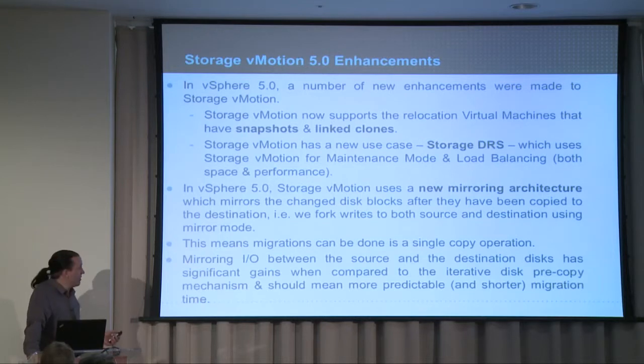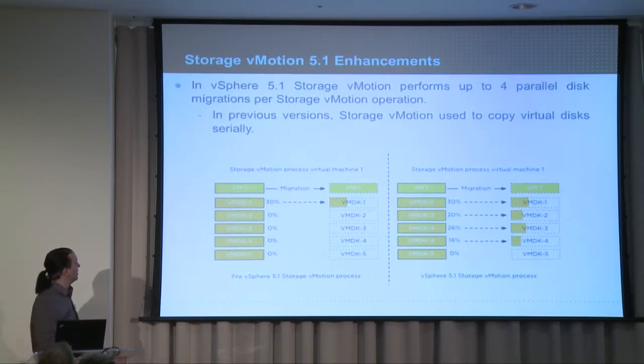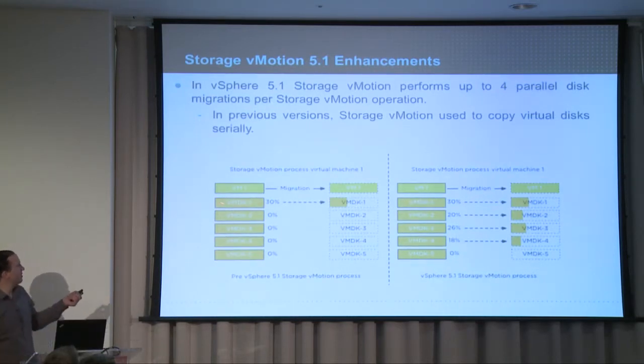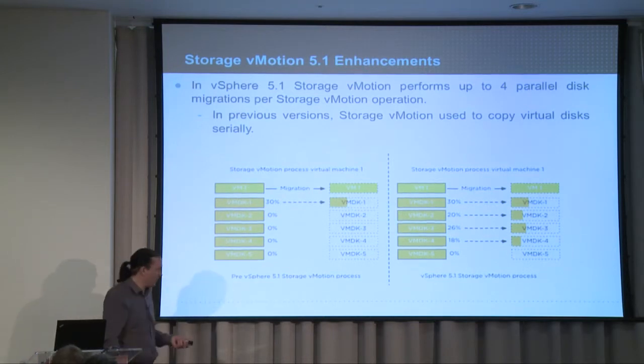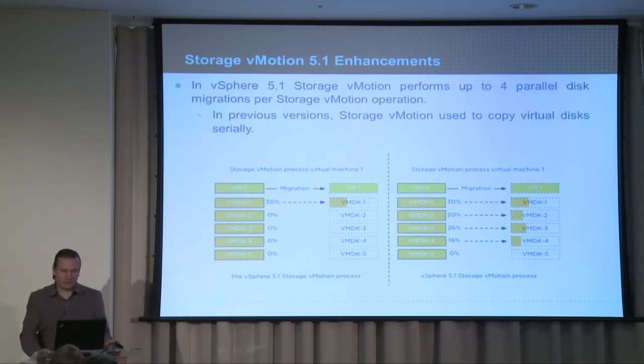So it means that migrations can be done in a single copy rather than many, many copies. As I said, used to be that your VMDKs were moved one after the other. Now you can move up to 4 in parallel. So again, nice and fast.